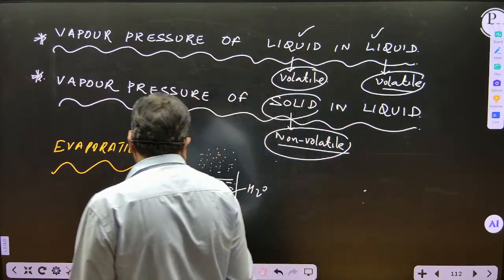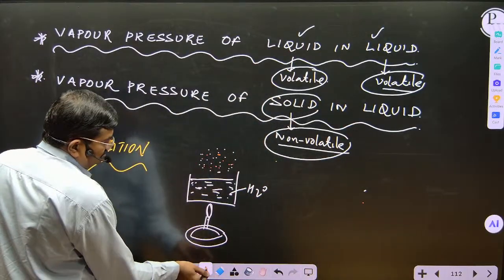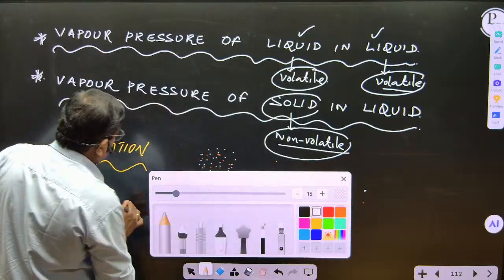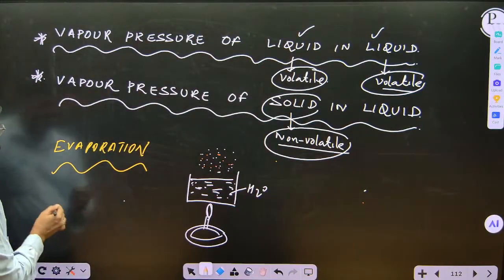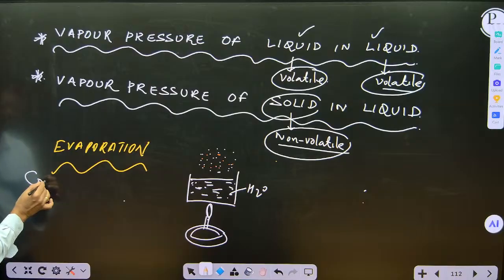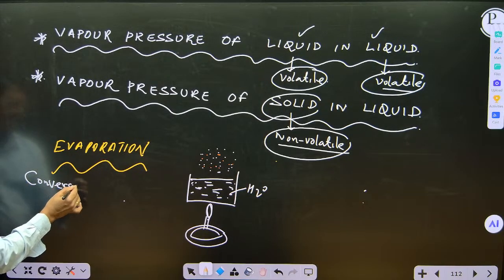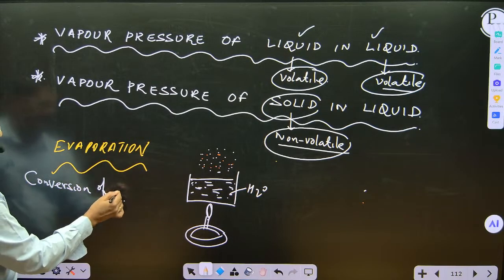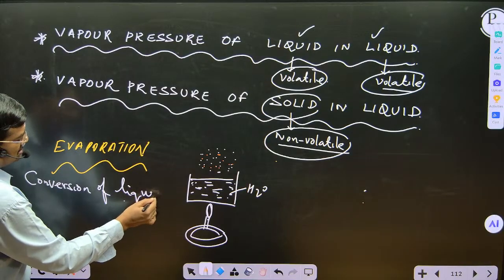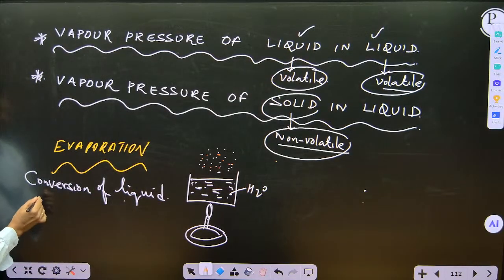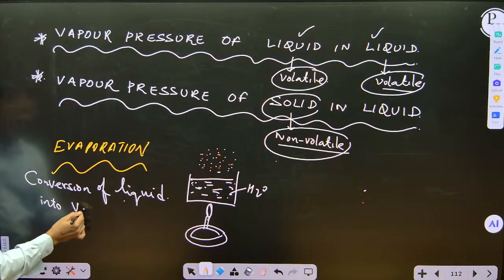So write the definition of evaporation. Clear, all of you? What is evaporation? Conversion of liquid into vapor.